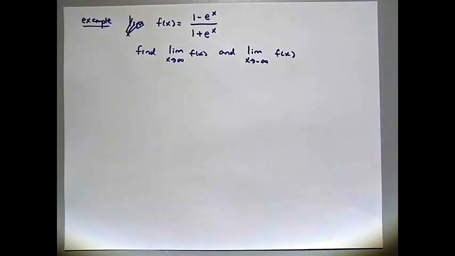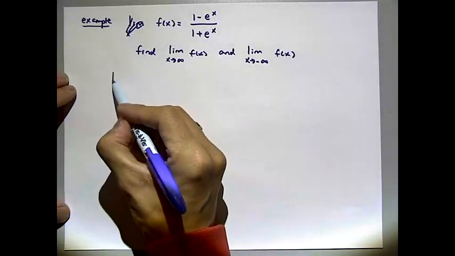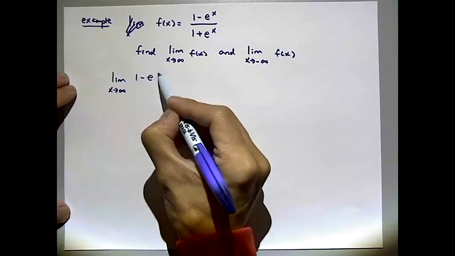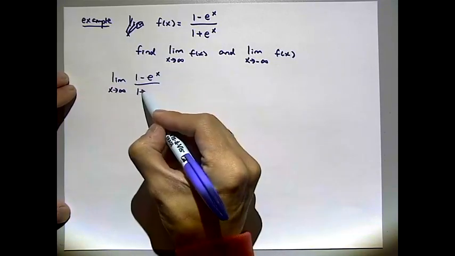This is one of those functions where the limits to either side will be different. Whenever you have exponential or root, which we'll see next, you can have these different behaviors on the right and the left. Let's check out the one going to infinity first.